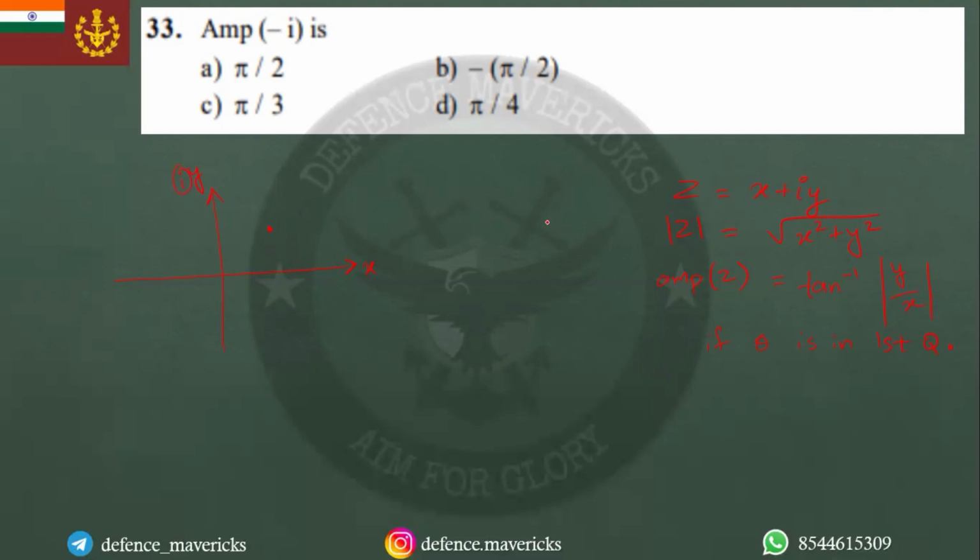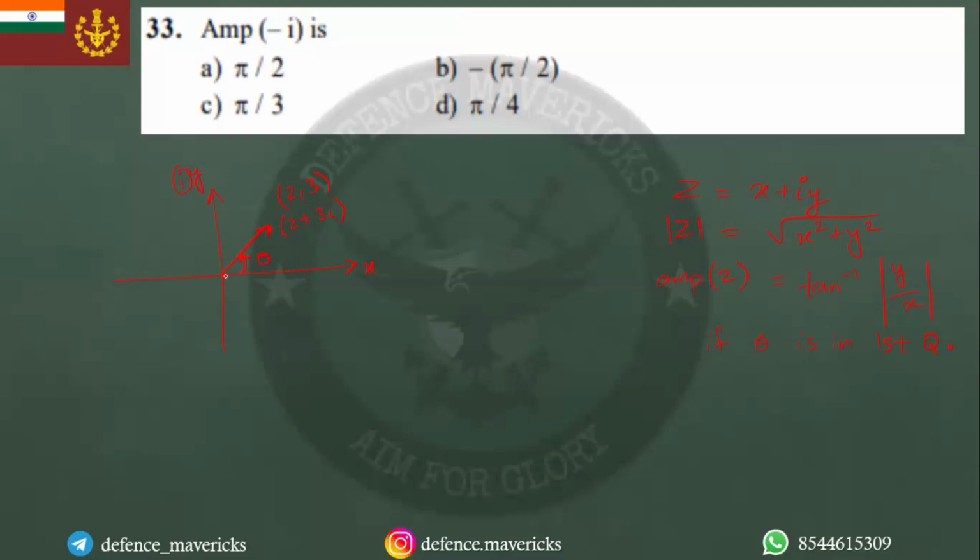So what happens is, let's say it is 2 plus 3i, just for example. So ये 2 है, ये 3 है. So this will be 2 plus 3i if you write it in complex form. If you write it in Cartesian coordinates, then it will be 2, 3 also. ठीक है. तो यहाँ से origin से ये जो वेक्टर है, इस वेक्टर का पॉजिटिव x एक्सिस से जो थीटा होगा, that is nothing but the amplitude.